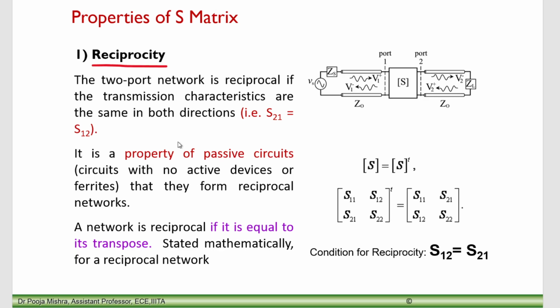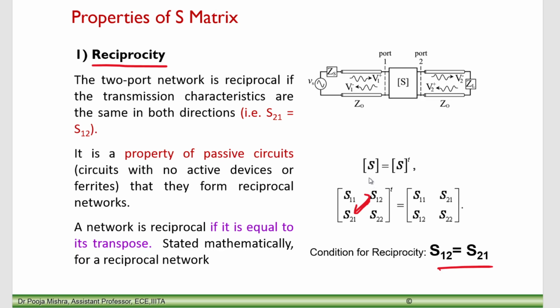A network is reciprocal if, in the scattering matrix with S11, S12, S21 and S22, the two transmission coefficients are the same, from 1 to 2 and from 2 to 1. Then we say the network is reciprocal, meaning S12 is equal to S21. This is the condition for reciprocity.